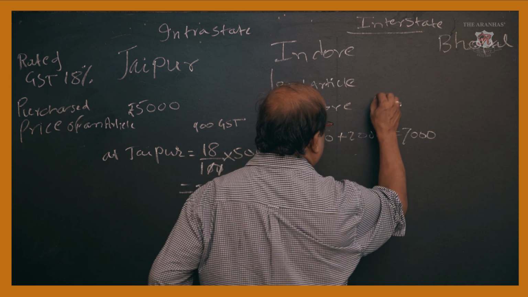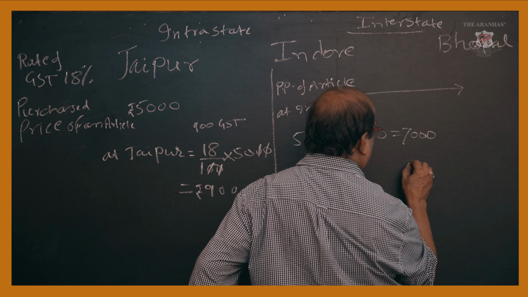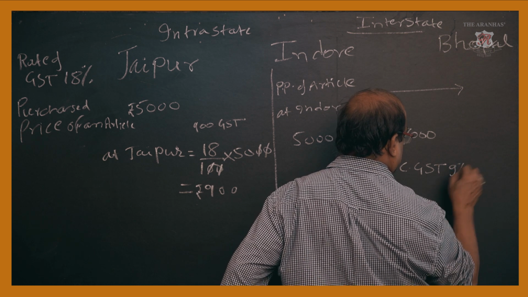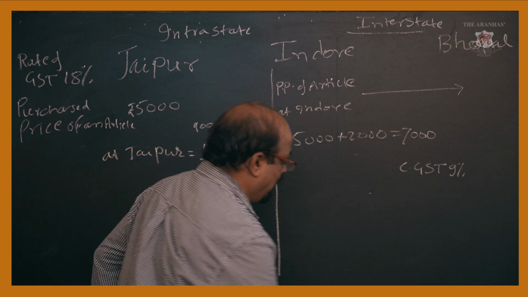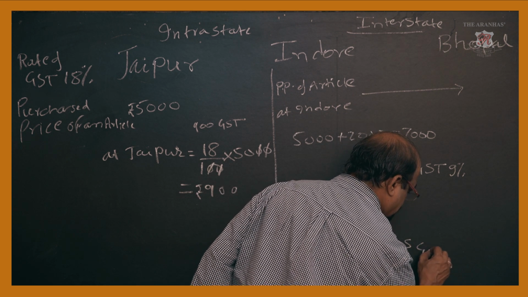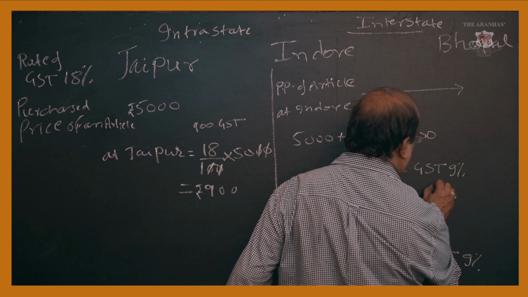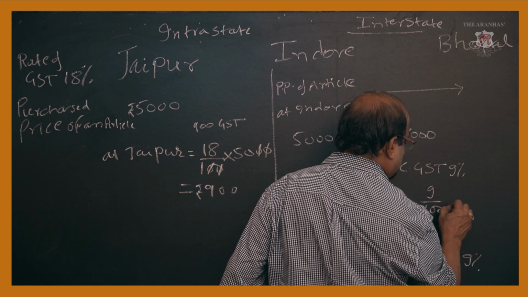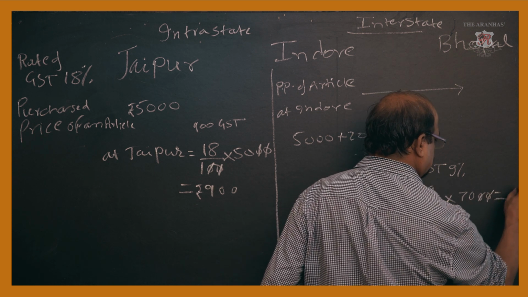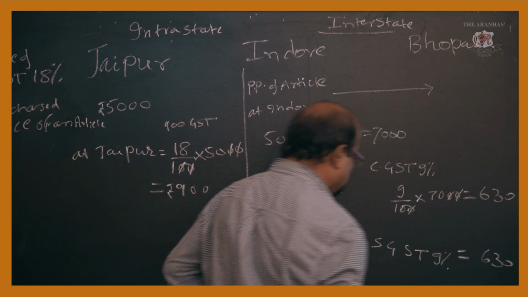Now when the article is being sold from Indore to Bhopal, the rate of GST will become 9% for the central government and 9% for the state government. So we have to calculate 9% of 7,000, and similarly 630 for the state government.